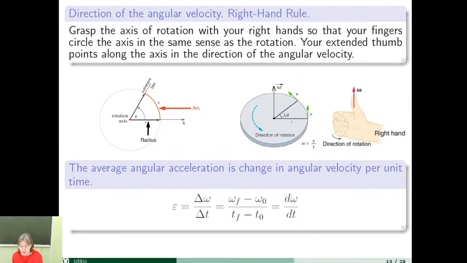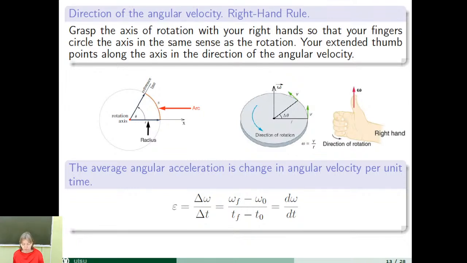Your extended thumb will then point in the direction of the angular velocity vector. Remember it. If the record were to rotate in the opposite sense, the right-hand rule would tell you that the angular velocity vector then points in the opposite direction.